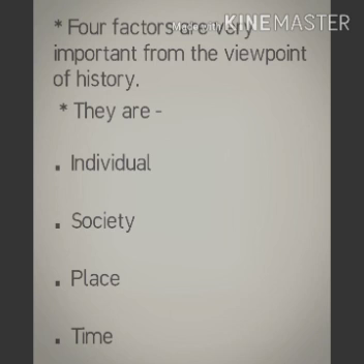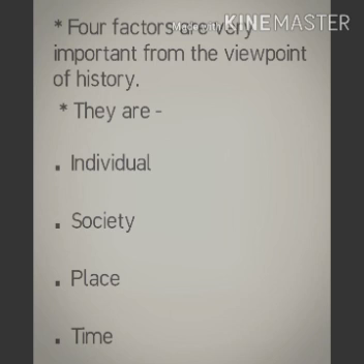They are individual, society, place, time. Students, the study of history is based on these 4 factors. Events that occurred in the past are related to some individuals, based on society, and also when and where the events have taken place. Means individual, society, place, time.